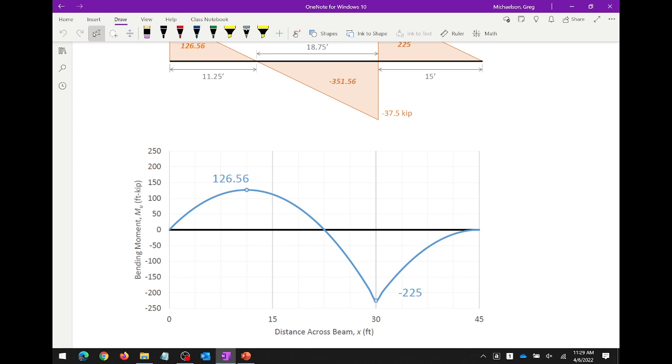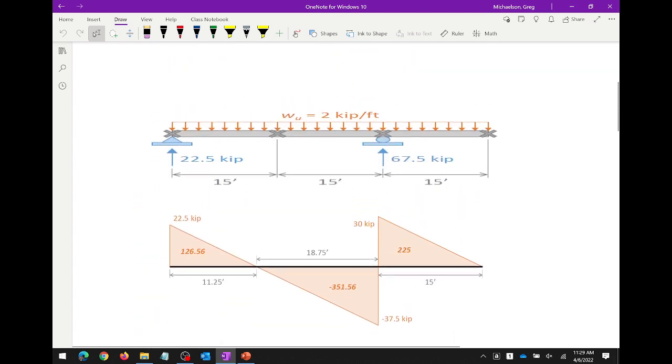Okay. So let's go back to structural analysis. Let's do a pop quiz. How many functions are required to fully define this moment diagram? 2, right? Because remember, functions are interrupted by loads. So the first thing I want to be clear, these braces do not affect structural analysis at all.